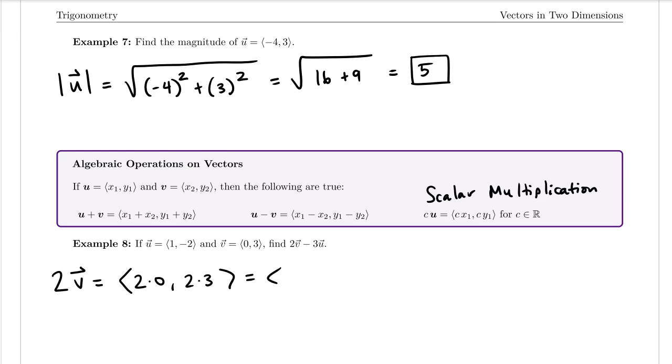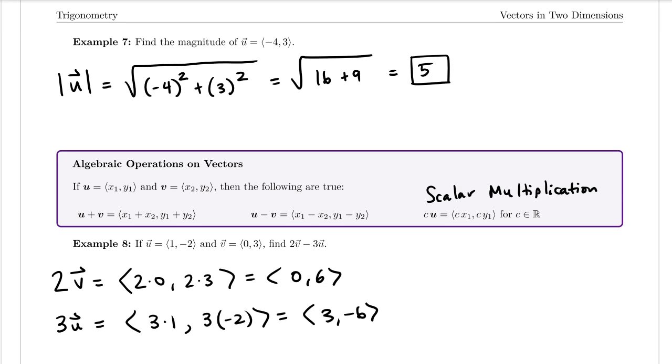So this is going to end up simplifying to ⟨0, 6⟩. Now let's go ahead and compute 3 times vector u. So I'm going to multiply 3 times the horizontal component and 3 times the vertical component. And if we do that, we get ⟨3, -6⟩.